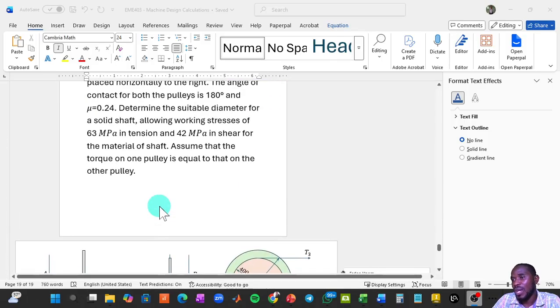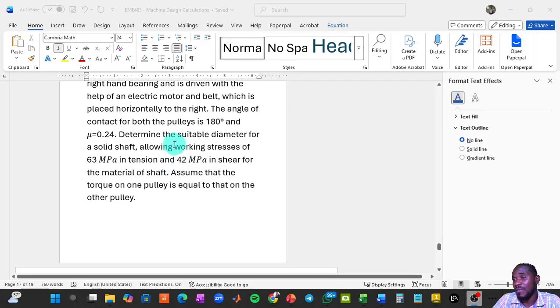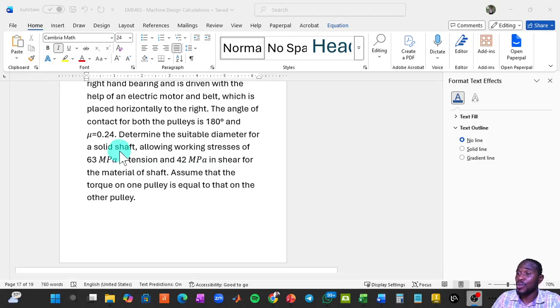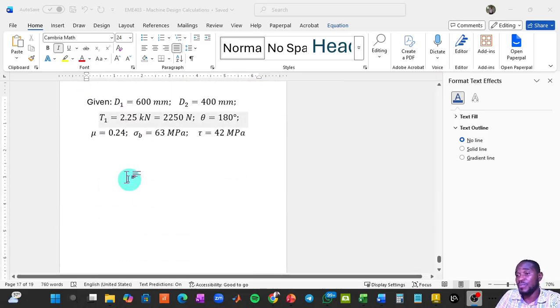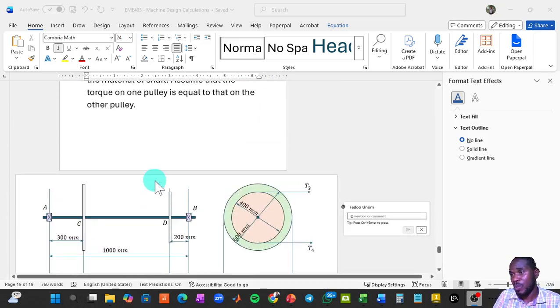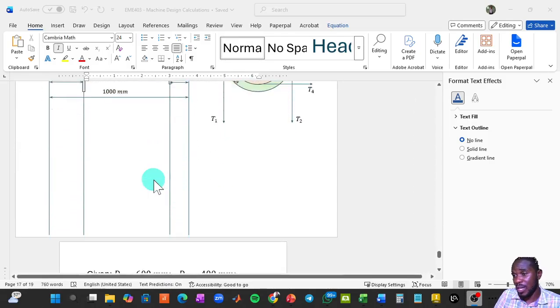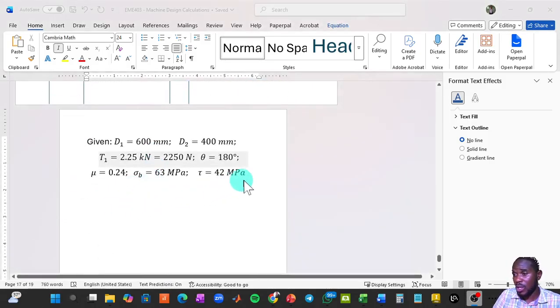Now, what did the question ask us to do? Remember, they have asked us to determine the suitable diameter for a solid shaft. Because we have both bending moments and torsional moments acting, we're going to use two theories to determine this.